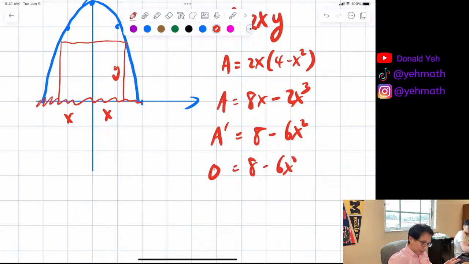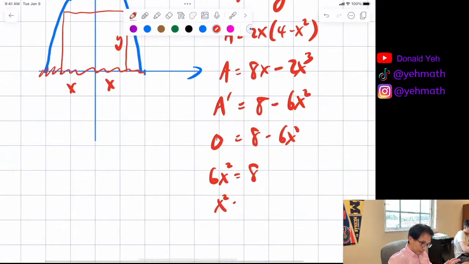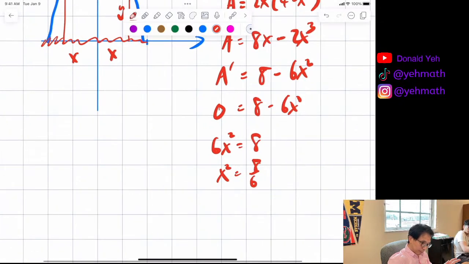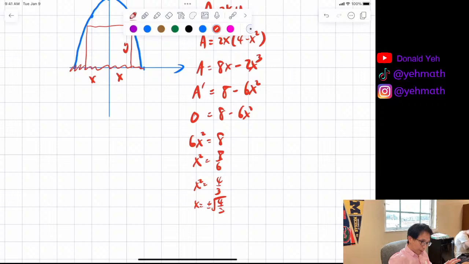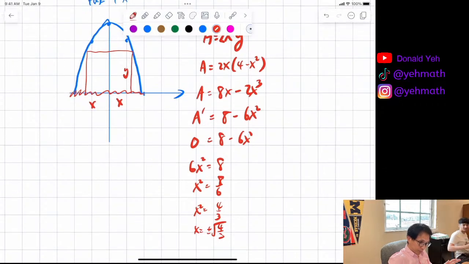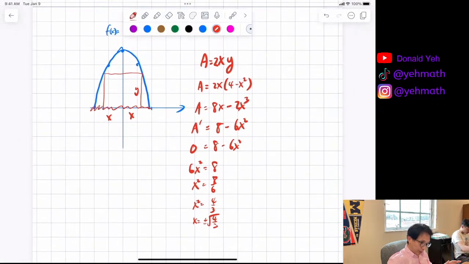So this is another question that you might have. And if you want to find out the area, you just have to plug into the equation.